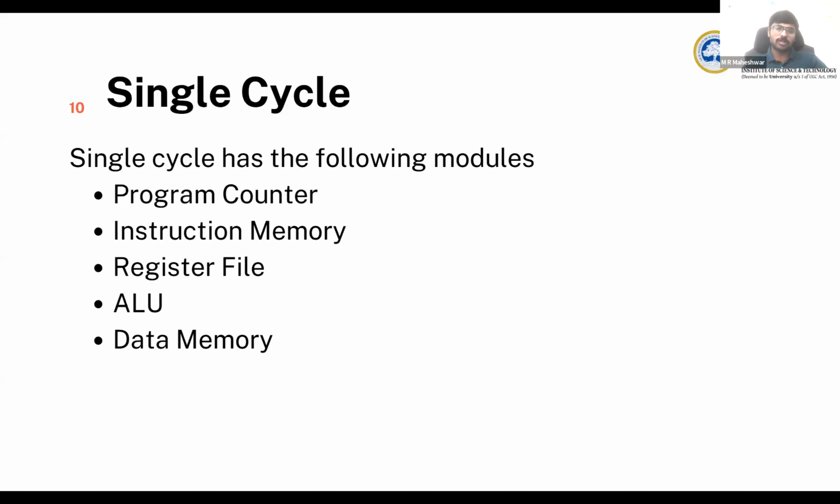RISC-V offers a total of 32 registers, of which almost 25 are usable for temporary or storage purposes. The ALU, as we know, the arithmetic and logic unit, does the arithmetic and logical operations. And data memory is where we are going to store our data.